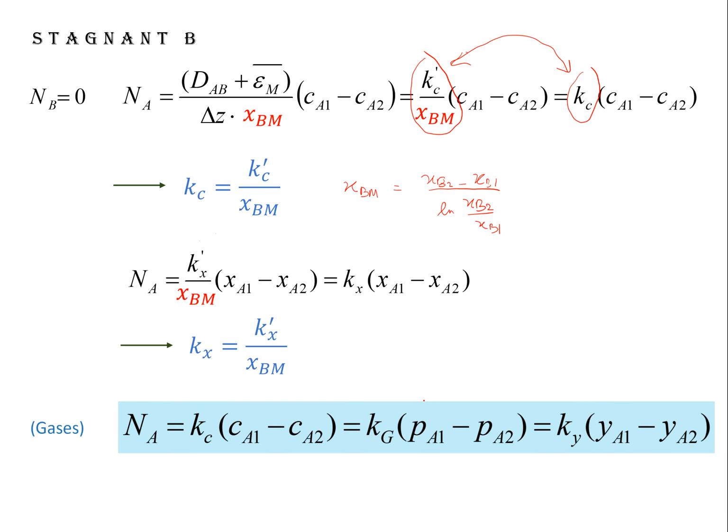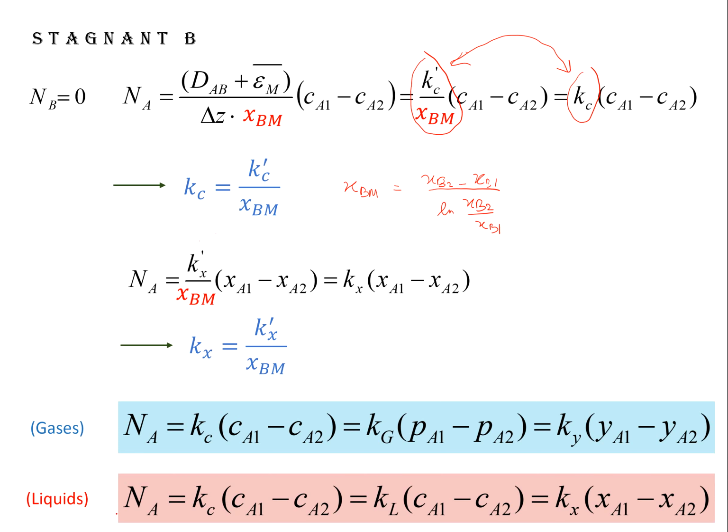So to summarize, this is the correlation for gases for stagnant B. You can express that in terms of partial pressure, mole fraction in gas phase as well as concentration. And for liquids, you don't express it in terms of partial pressure, but you express that in terms of mole fraction in liquid phase as well as concentration difference.